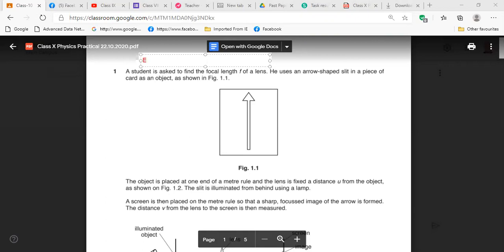Experiment on light to measure the focal length.